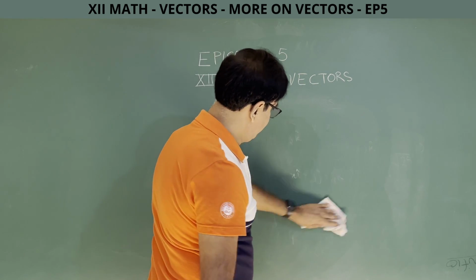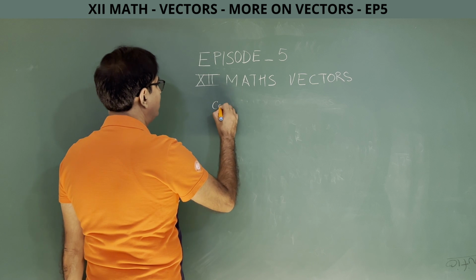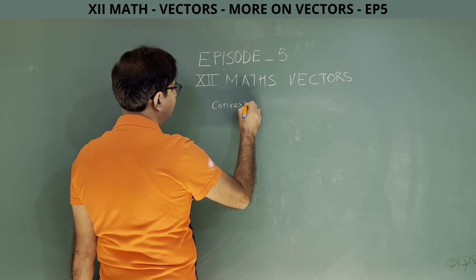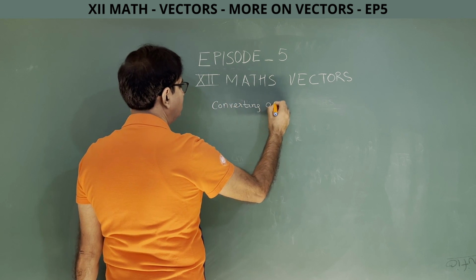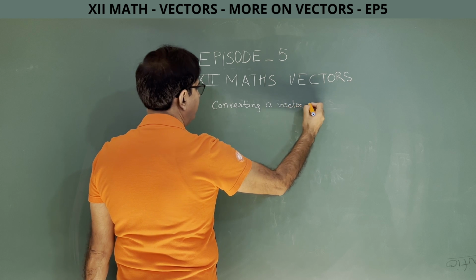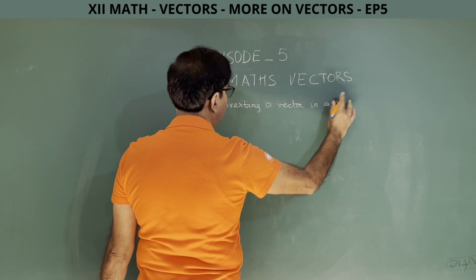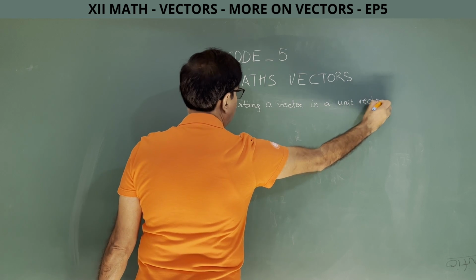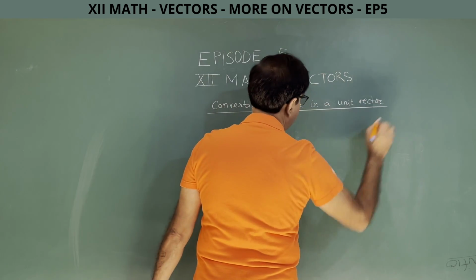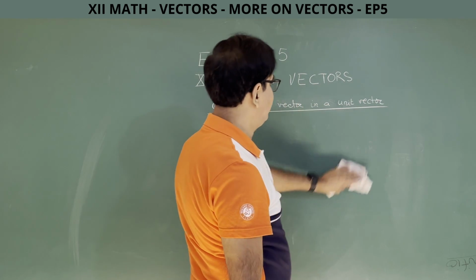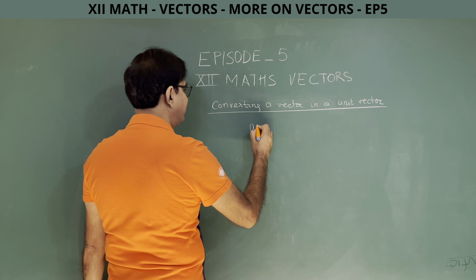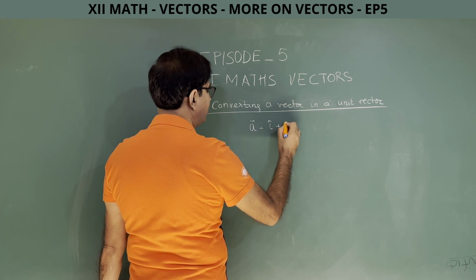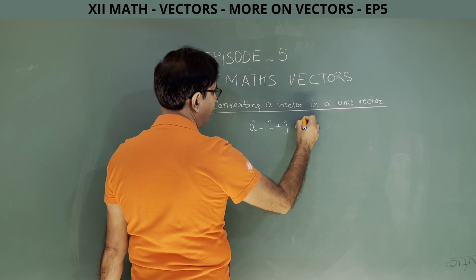Now, the next topic is converting any vector into a unit vector. So, you are given any vector and you want to convert it into a unit vector, of course, along the same direction. Suppose I am given a vector A, i plus j plus k.